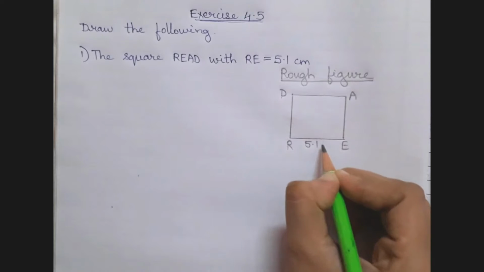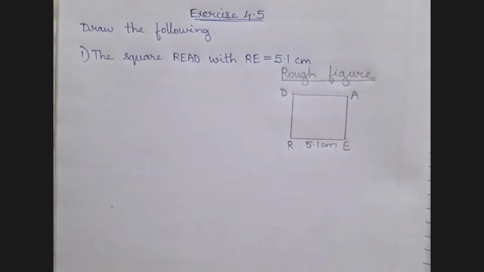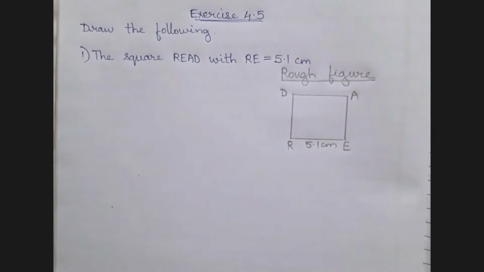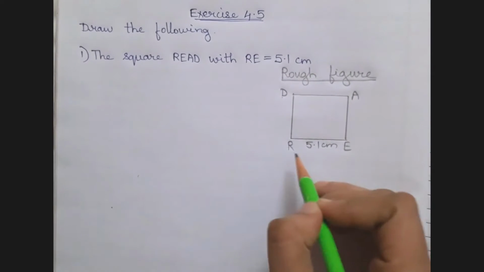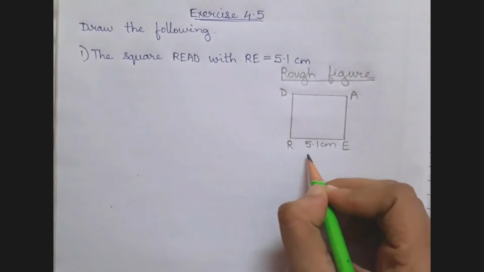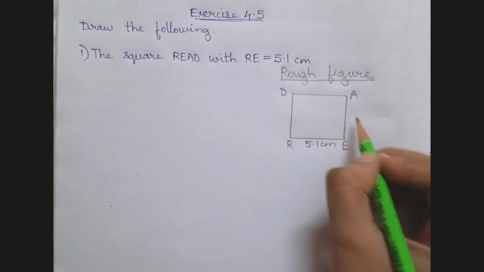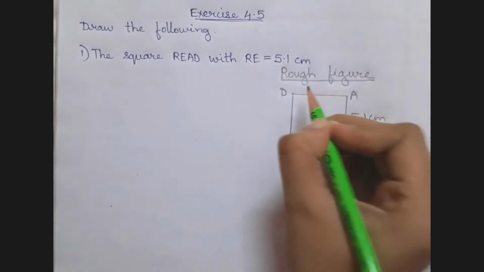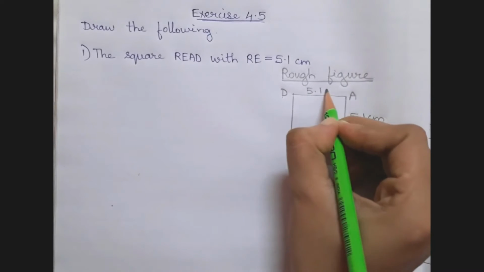This is RE. Now in case of a square, we know that the measurement of all sides of the square is equal, that is all sides are equal to one another. So since RE is 5.1 centimeter, similarly all the sides of this square will measure 5.1 centimeter.